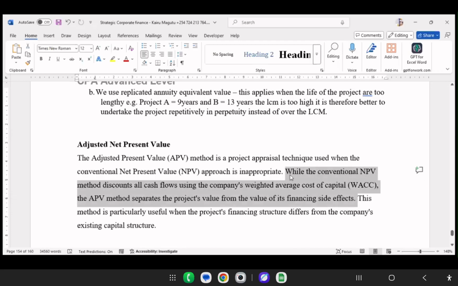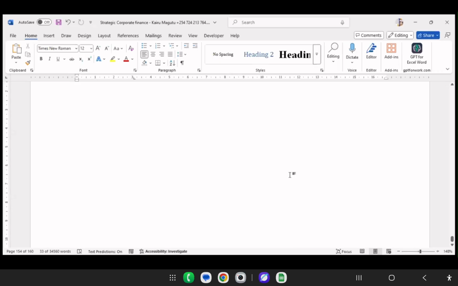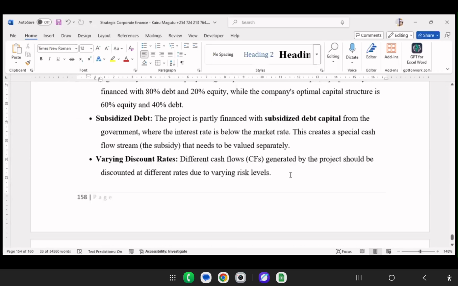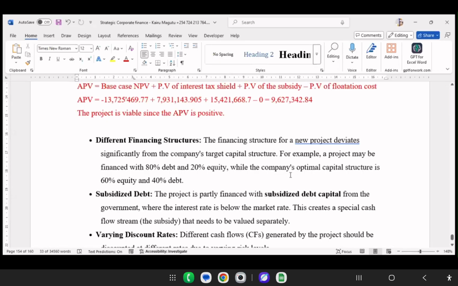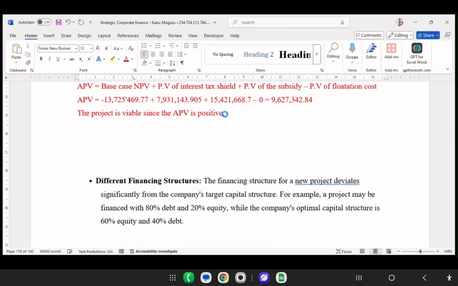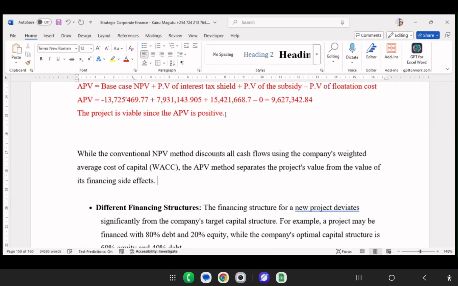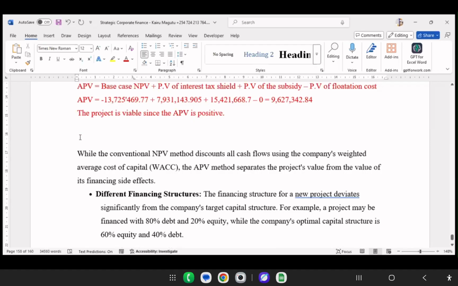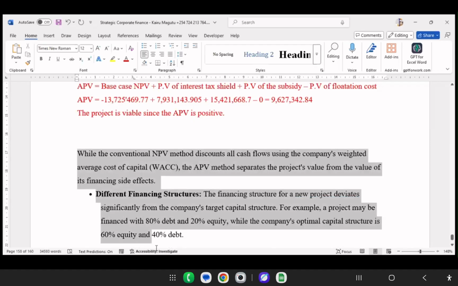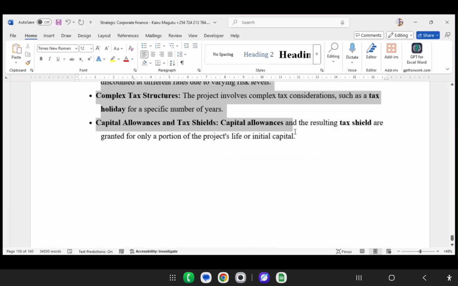This is the difference, because you are required to first explain the difference between the two. Then you give the circumstances. So the first statement explains the difference. The second part explains the circumstances.